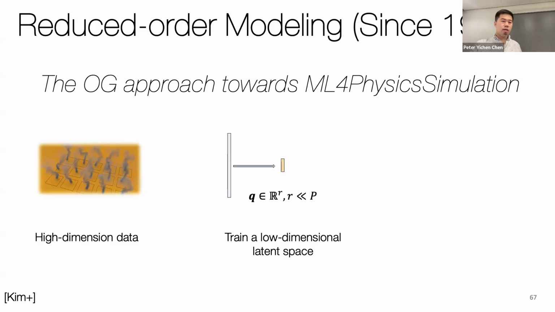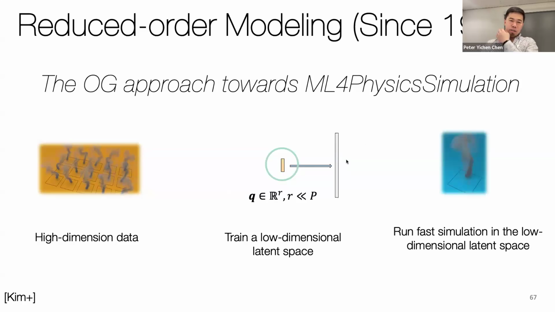Then the reduced order model attempts to learn, using whatever curve fitting techniques, a lower dimensional space, and then maps this lower dimensional space back to the original high resolution data, because you still want high resolution results.